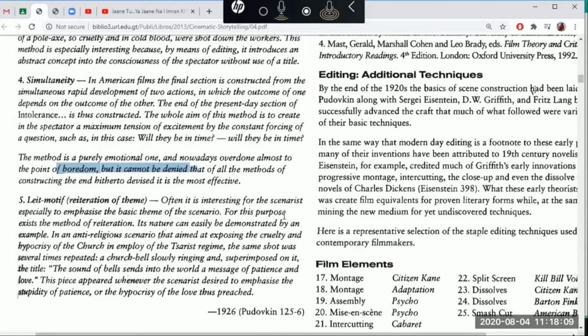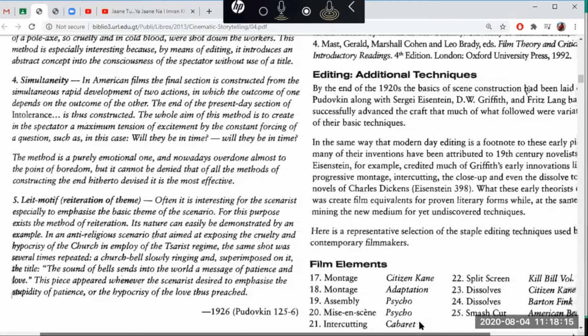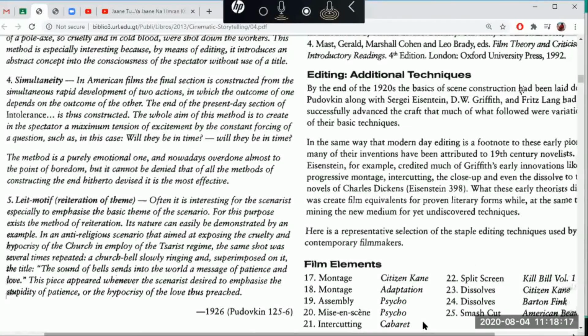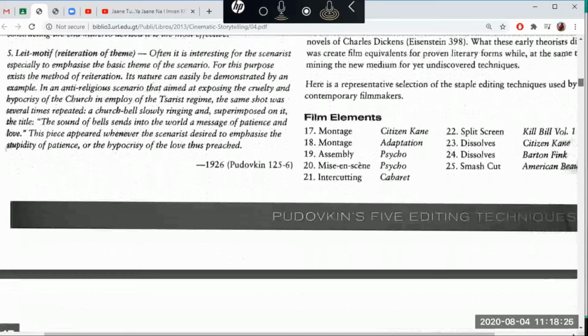Okay, and leitmotif, I think I have already explained that leitmotif has a very strong content. It is about sound, and it has a very strong relationship with the tonal or overtonal impact that is created through the film.